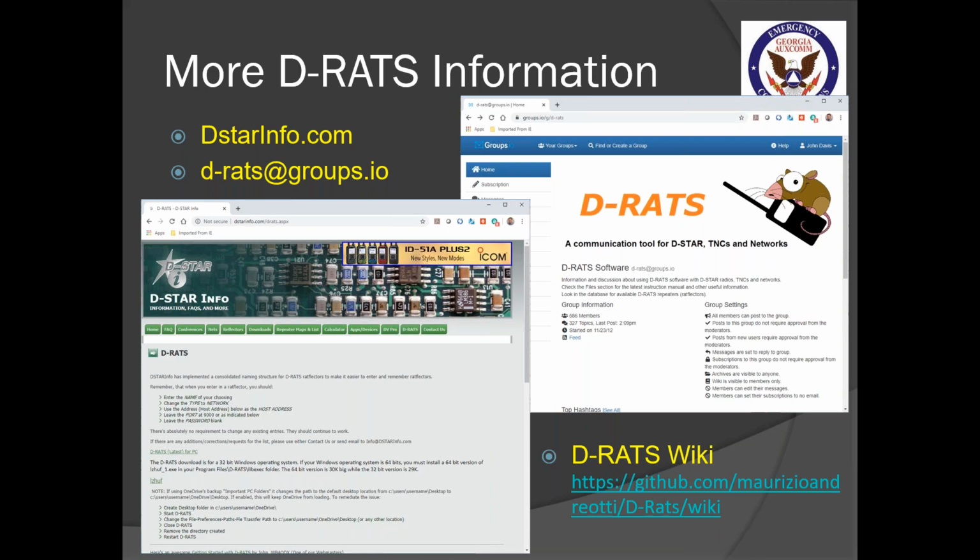d-rats at groups.io. The file section is very rich there with a lot of good documents, including a great detailed manual that has been put together that'll show you, for example, how to create custom forms. Very, very helpful, and a lot of good current information going on. The gentlemen who are doing the current development have set up a wiki.